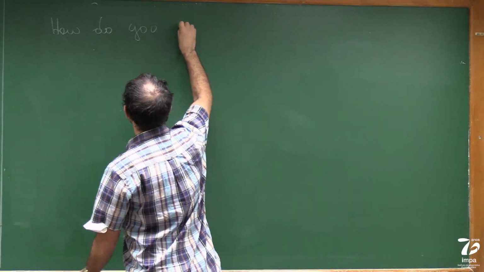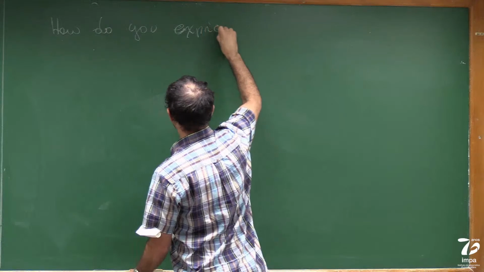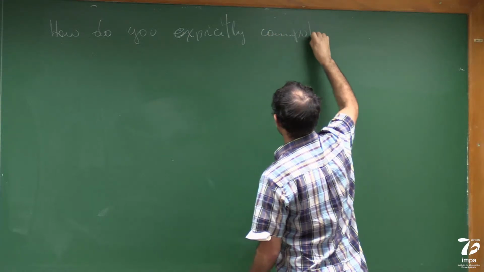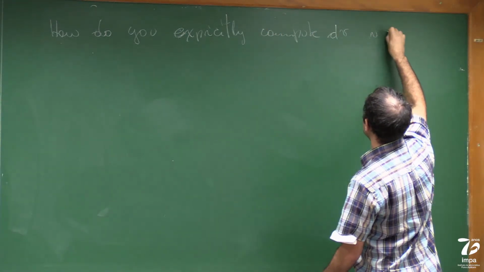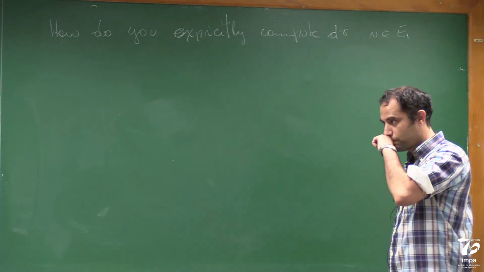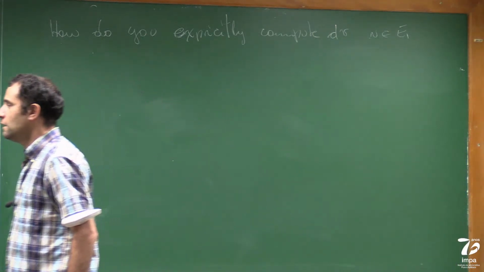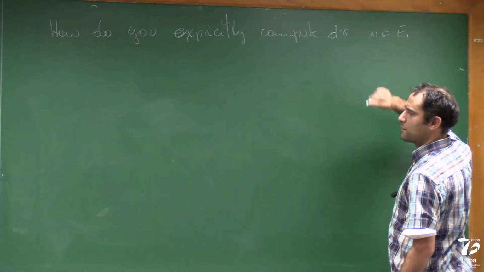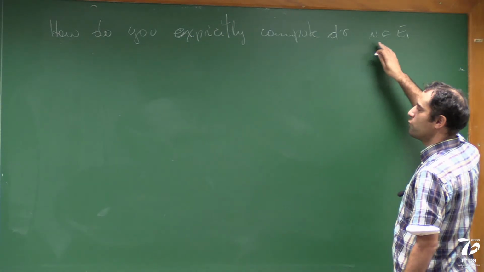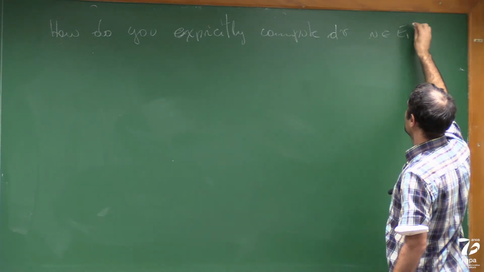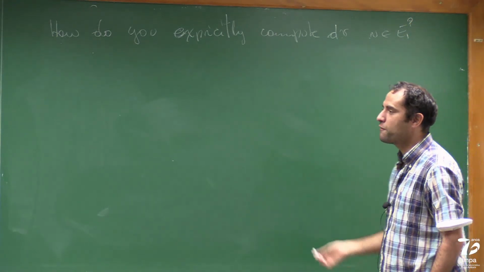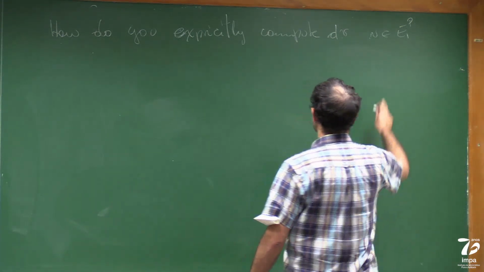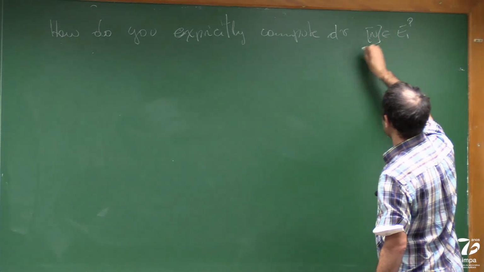You explicitly compute d of v, where v is in E^1 now. Before, v was a class in C, and now I'm taking v to be an element in E^1, which is already a subquotient, so I should be careful with how I write this and call it a class v.